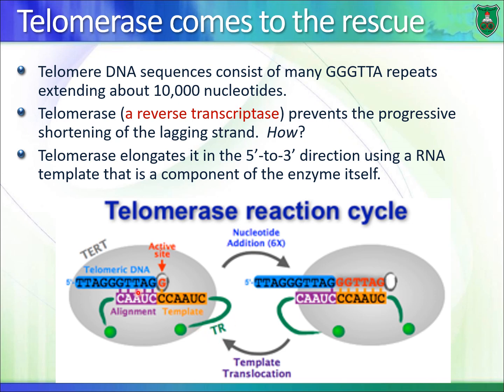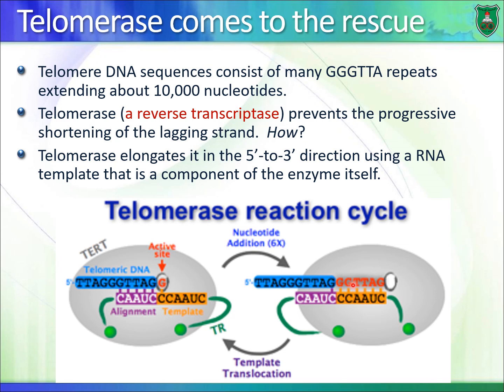So what the telomerase does is that the RNA itself can hybridize to the end of the DNA, and the telomerase elongates the template of the lagging strand. So it continues with the DNA synthesis and makes it longer.